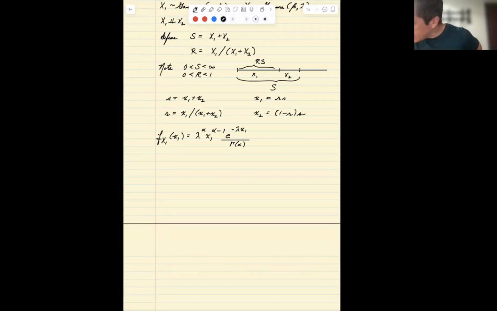And similarly for x2, lambda to the beta, x2 to the beta minus 1, e to the minus lambda x2, divided by gamma of beta.